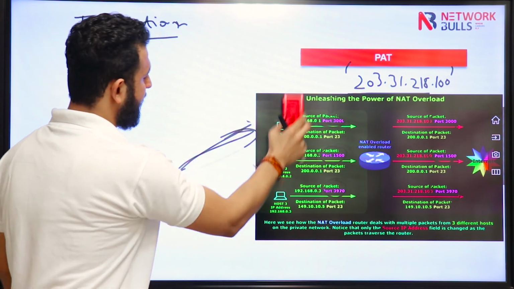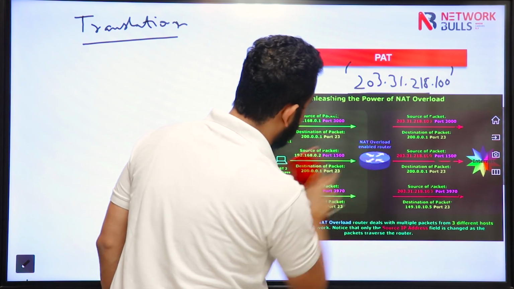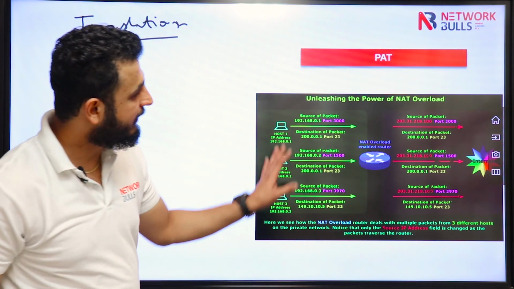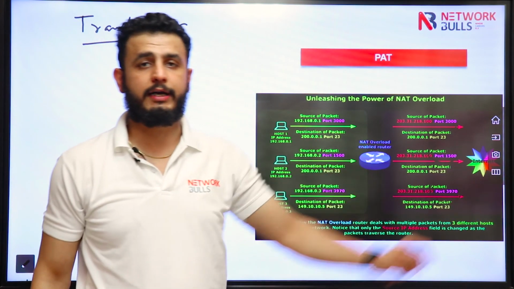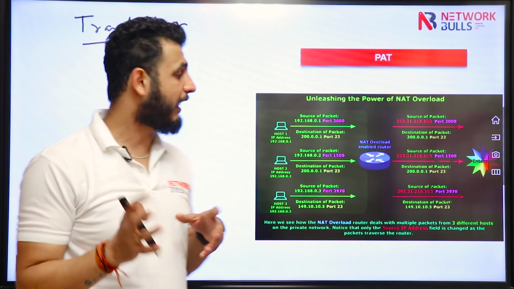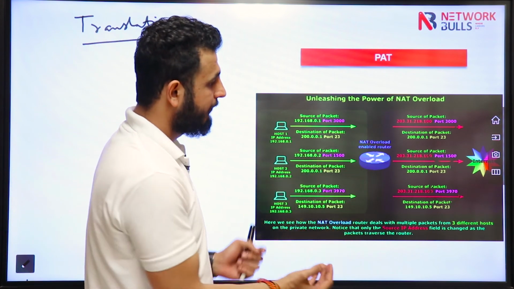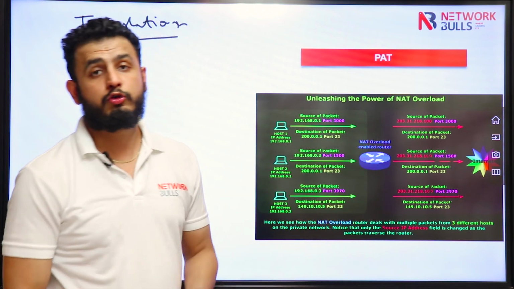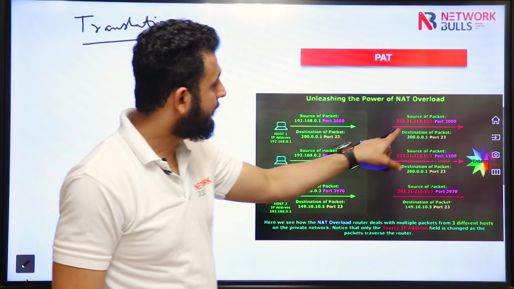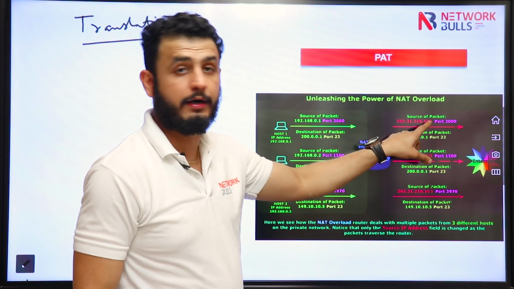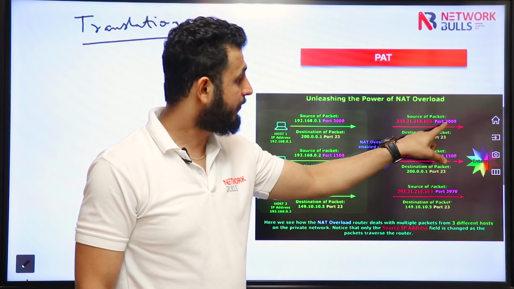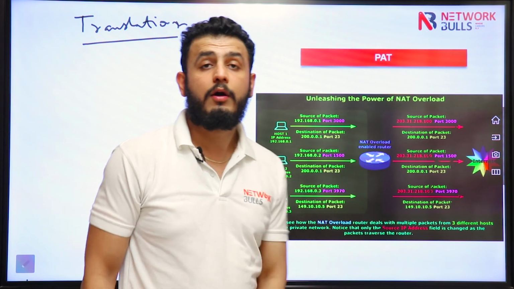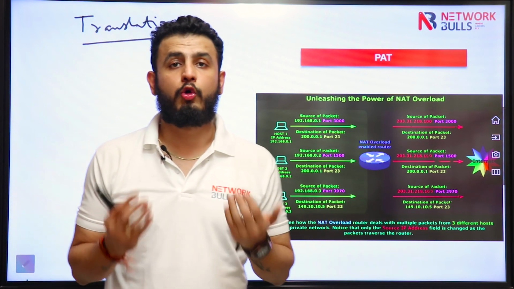So I'm just assuming that all these users are trying to access a single server, that is 8.8.8.8. I think you can understand the traffic flow: whenever the DNS server will send back the reply, source will be 8.8.8.8, destination will be 203.31.218.100, and destination port will be 3000, or it will be 1500, or it will be 3970, depending upon the request source port.